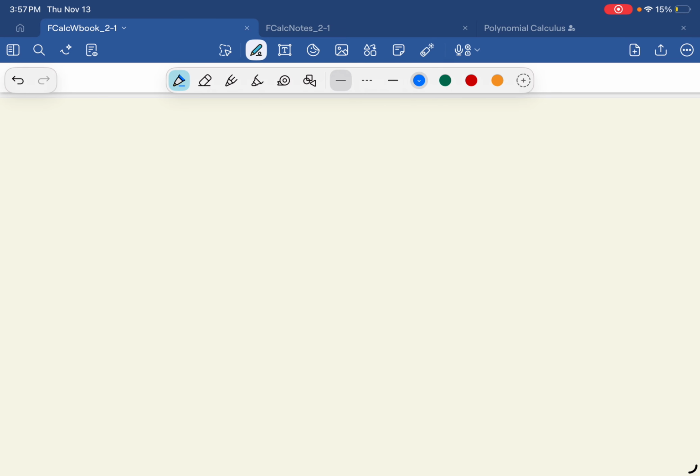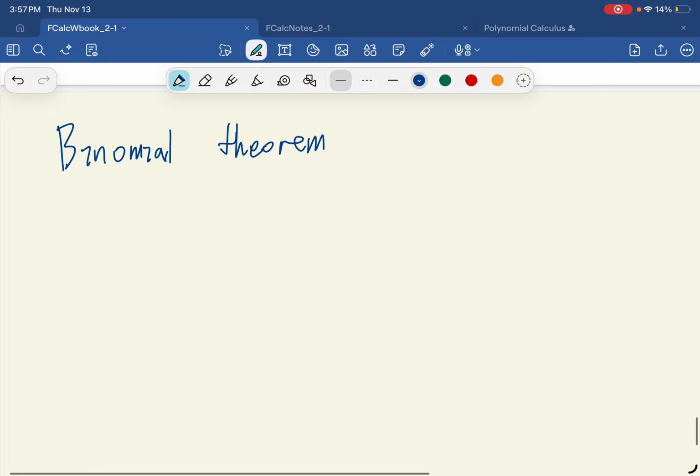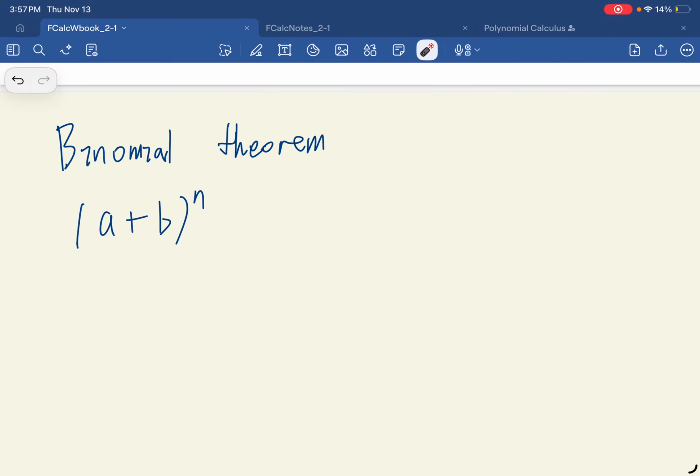We need to know what the binomial theorem is. So the binomial theorem is what you use if you want to expand something like a plus b to the power of n. Binomial, the bi means 2, comes from there being 2 terms in your brackets: there's a and there's b.